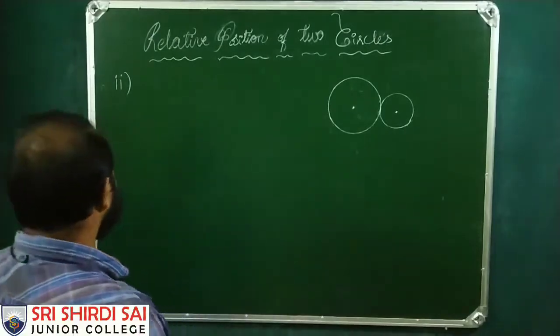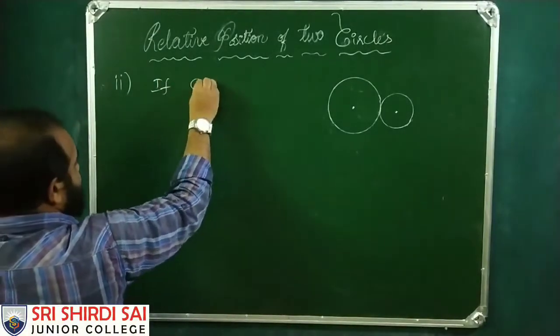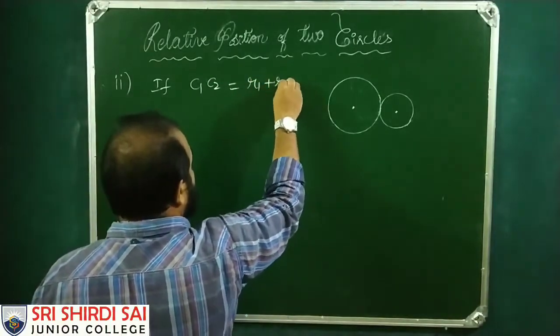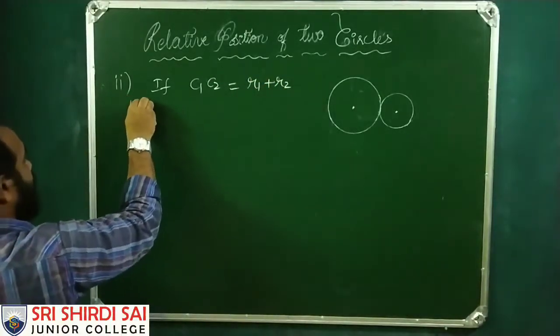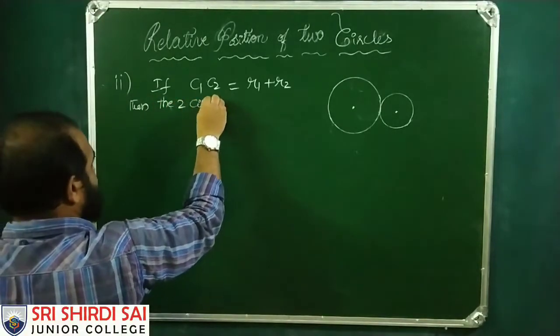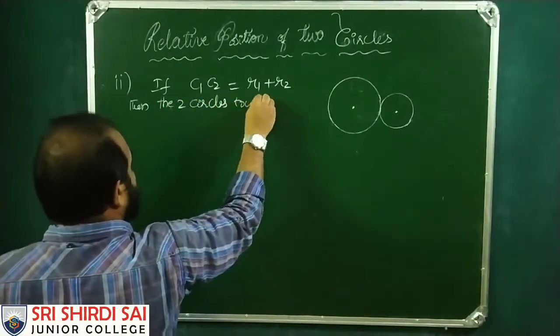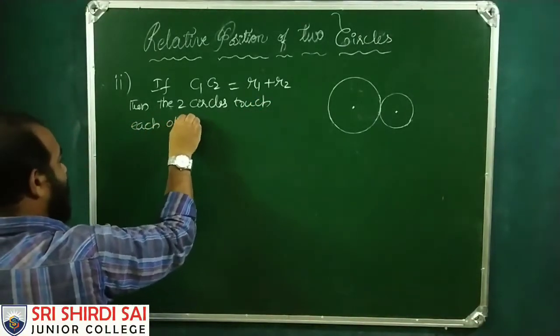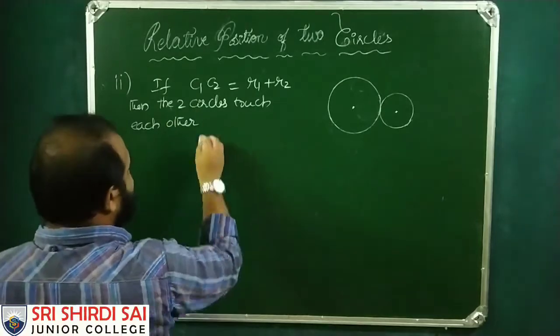The next case is if C1 C2 is equal to R1 plus R2, then the two circles touch each other externally.